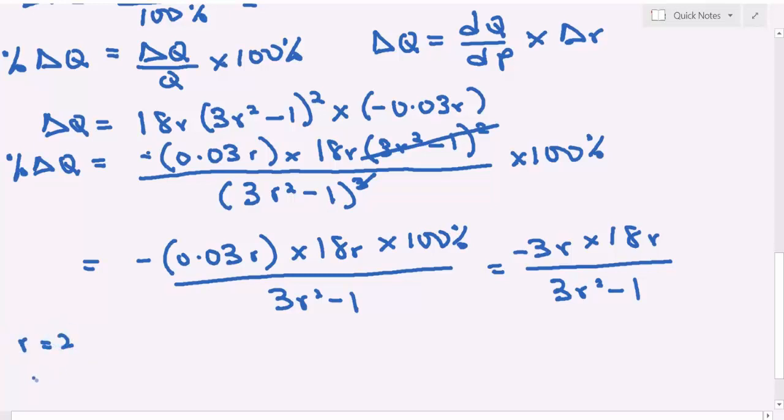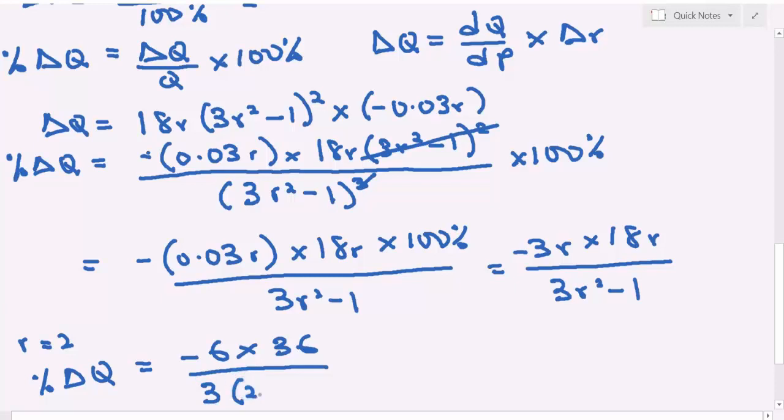So we have percentage change in Q will give us minus 3 times 2 will give us 6 times 36 all over 3 into 2 squared minus 1.